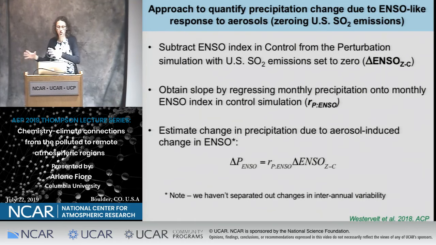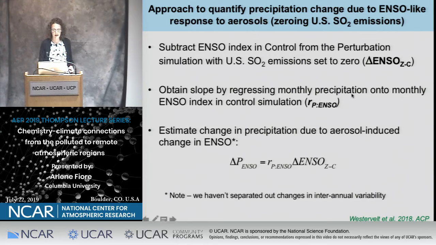Then we go to the control simulation and ask, if we take our global precipitation map, where is precipitation in the control simulation correlated with that ENSO index in the control? And that's this regression slope of precipitation to ENSO. Then we say, this tells us how that ENSO index is changing because we perturbed US SO2 emissions.